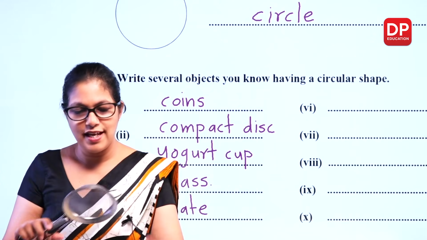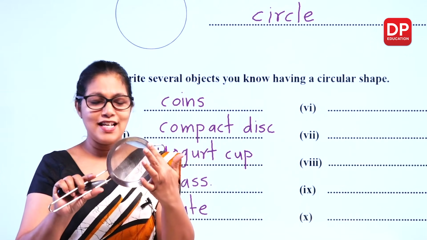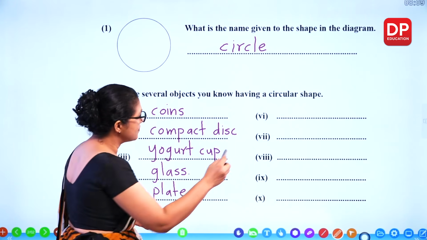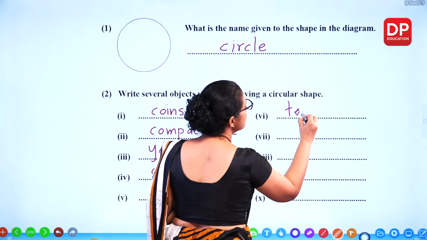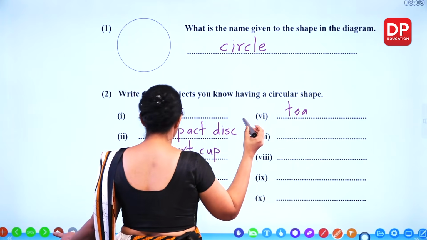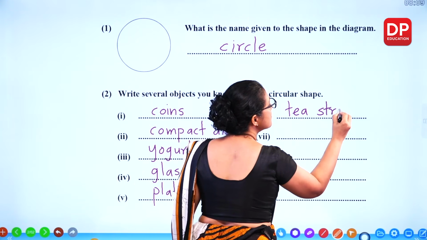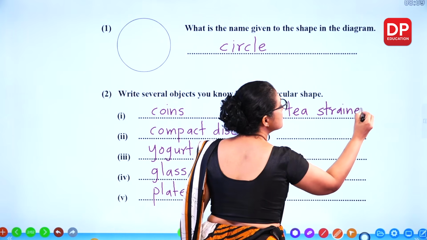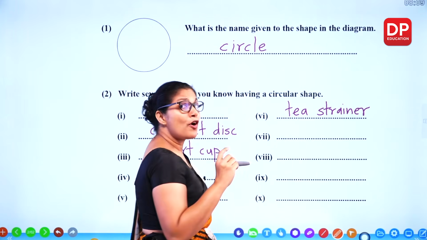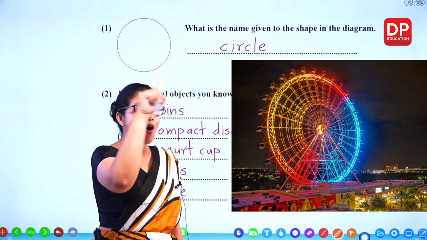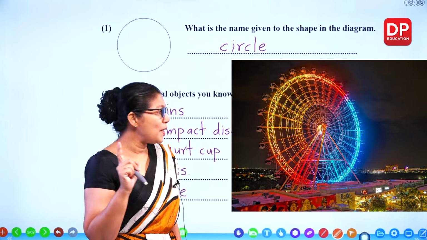So here when you take this one is a circular shape. What about when you go to the carnival, what you see? Going round and round. Ferris wheel.